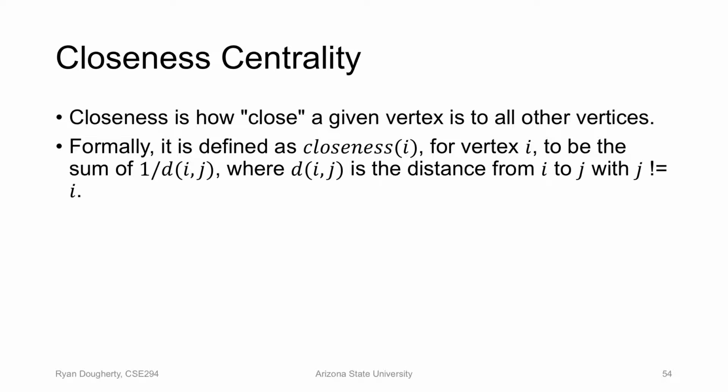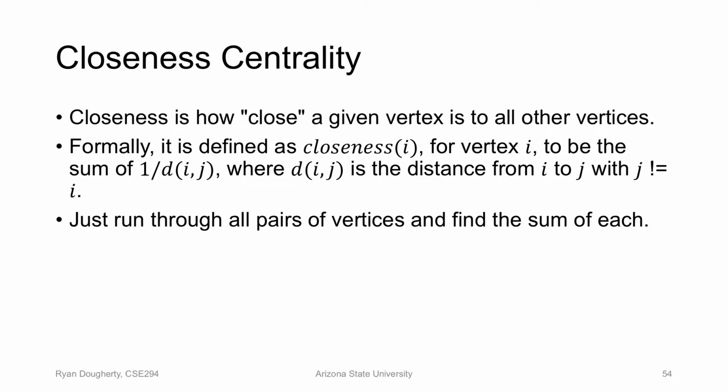So a small number, what is 1 divided by a small number? A big number, right? Now let's look at a vertex that is far away from everywhere else on average. If you add up all the d_ij's for that vertex, it's going to have a really large value. So 1 over a really large value is a small value, right? So this really does capture what closeness means here.